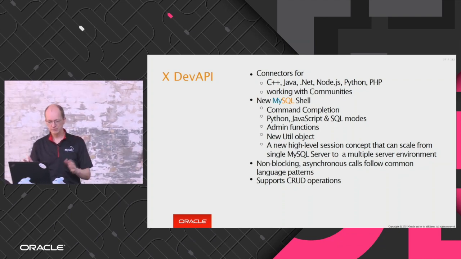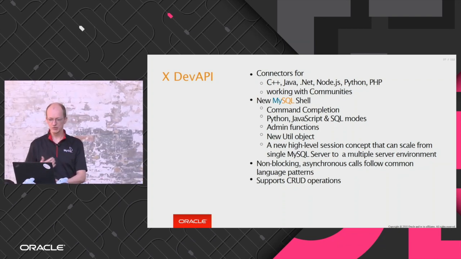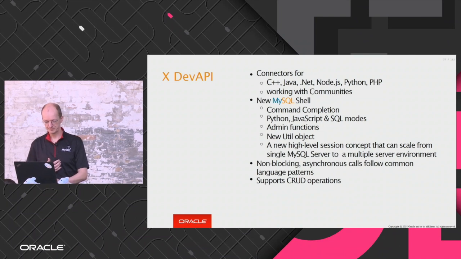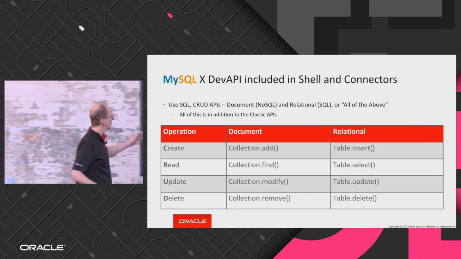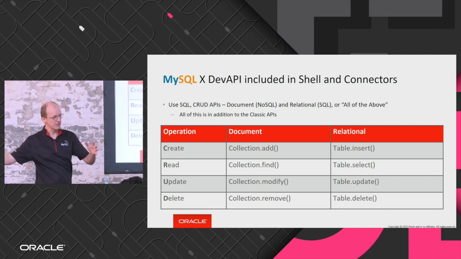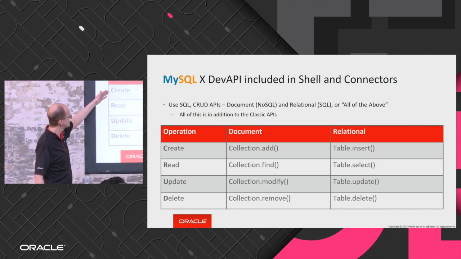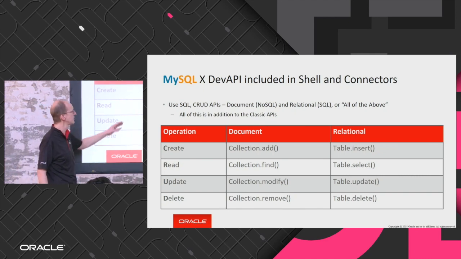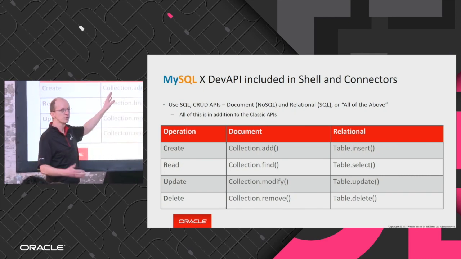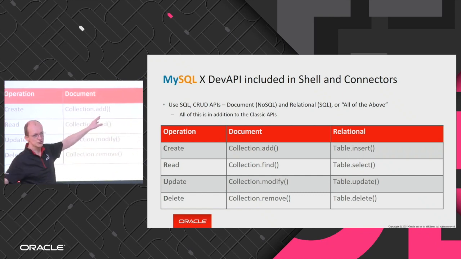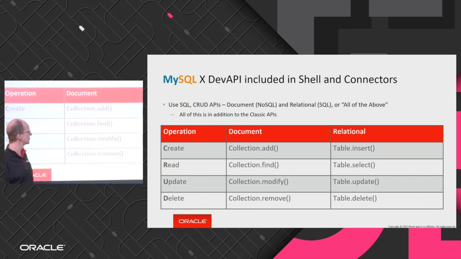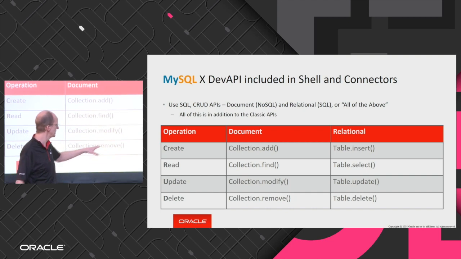And that's all that we need to make access to data a lot more flexible. So that Developer API, in addition to all of SQL, offers these ways to create, read, update, delete data. And if I'm accessing document collections, I have a method collection.add to store a new document, collection.find to retrieve some, collection.modify and remove.